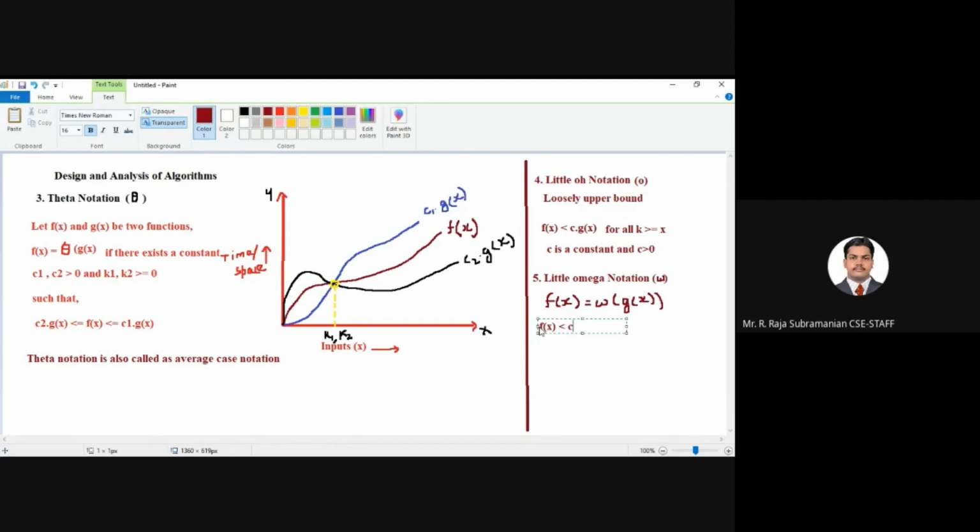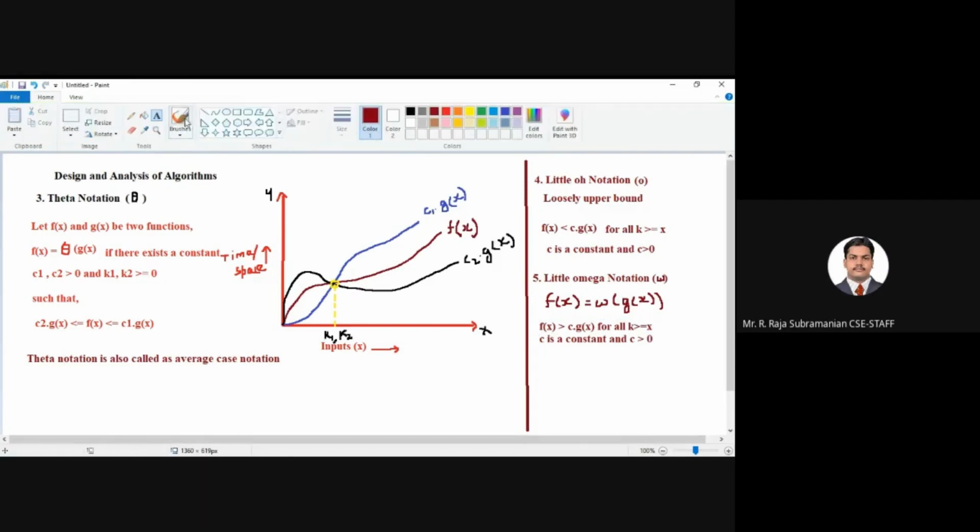f of x is greater than c into g of x for all x greater than or equal to k. K greater than or equal to x. C is a constant and c greater than 0, right? That's a fact here.